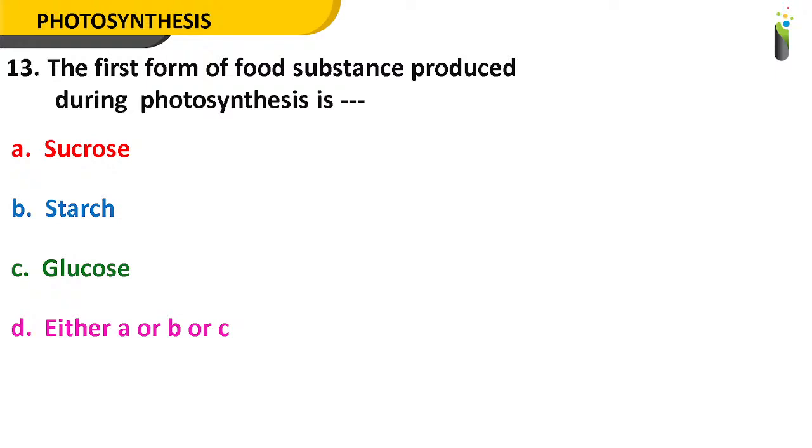Stress on this word, first form. So answer is C, that is glucose. So glucose is the first form of food substance produced during photosynthesis. Later on, the plants convert it into starch, and the excess of the carbohydrates in the plants is stored in the form of starch. Like we know, in case of animals, it is stored in the form of glycogen.